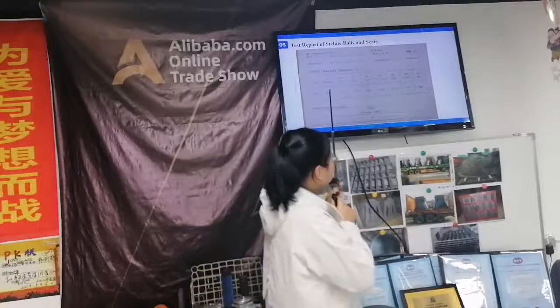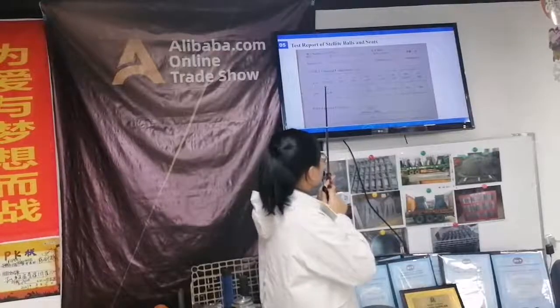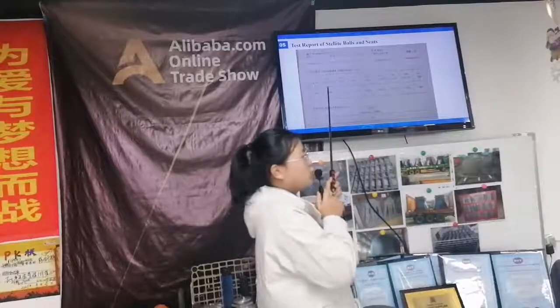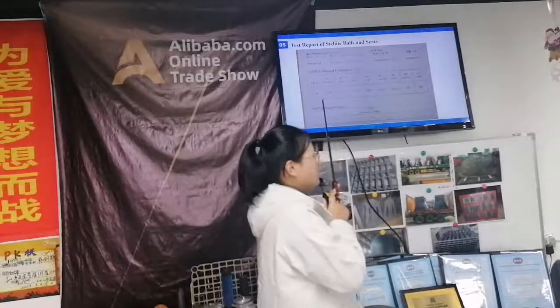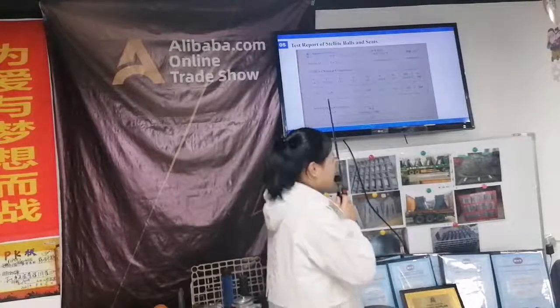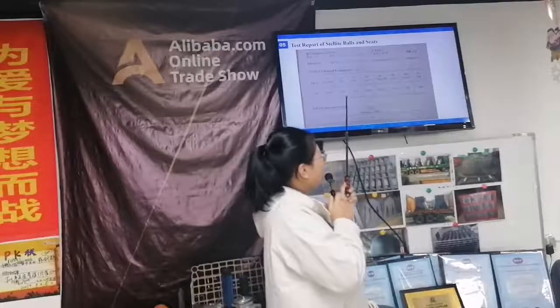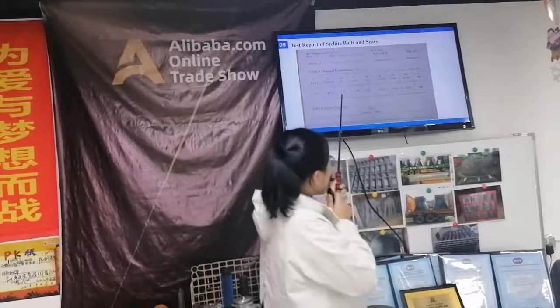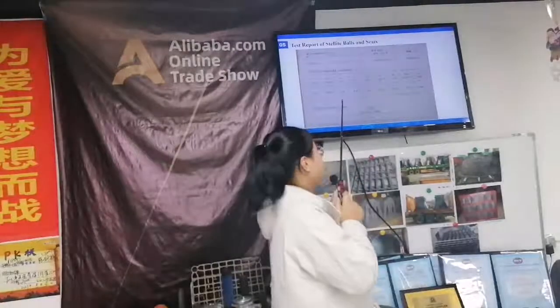For chromium, the range is 33.0 to 36.0%. The actual value is 33.79. For iron, the range is less than 3.0%.